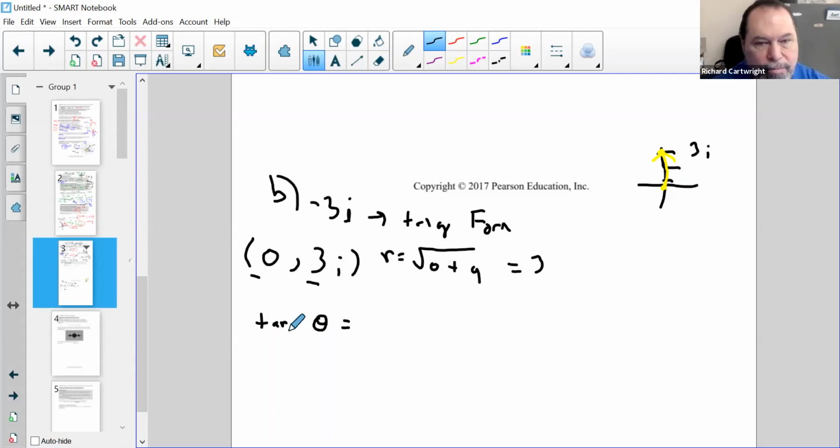Theta is, no, we don't do it that way. We say tangent of theta is y over x, the y, 3, over x. Uh-oh. That's bad news. Did I make a mistake or is that legal?